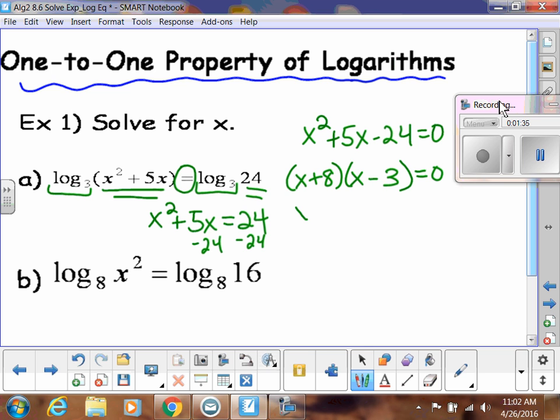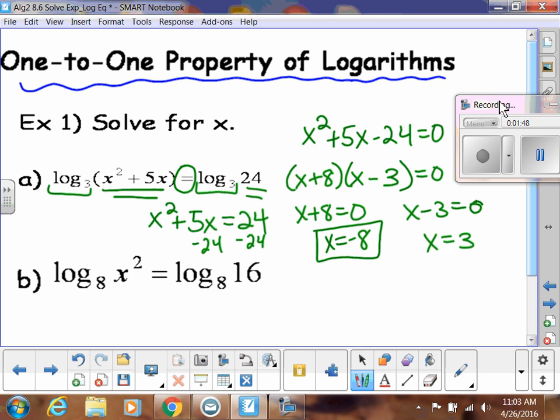And remember, we set each of these equal to 0 and solve. So our two answers would be x equals negative 8 and then x equals 3. Now, always, just like in rational functions, we want to plug those back in and make sure that they make sense.